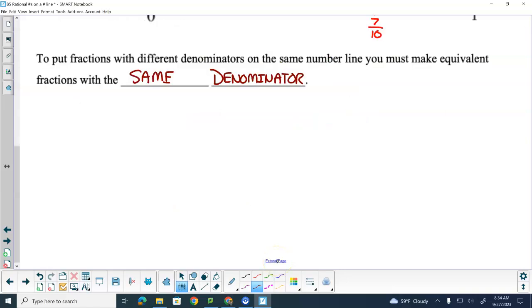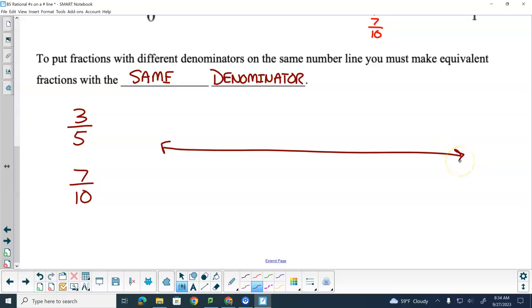If I want to put those on the same number line, to figure out where they go, I first have to make these have the same denominator. So I'm going to multiply this by 2. 3 times 2 is 6. 5 times 2 is 10. So now these two right here are equivalent. That's what we learned on Monday.